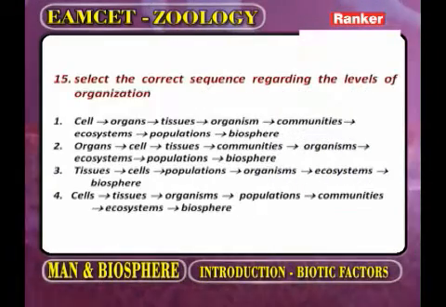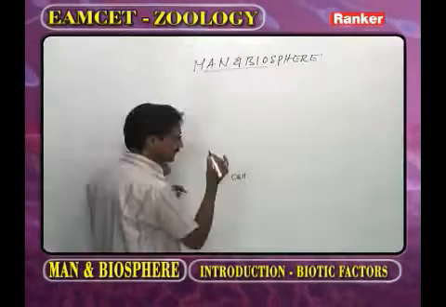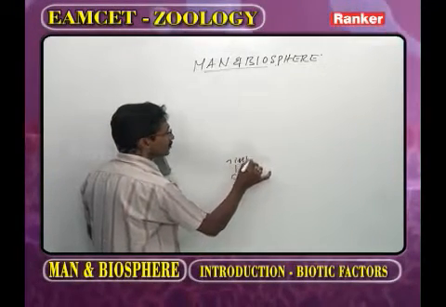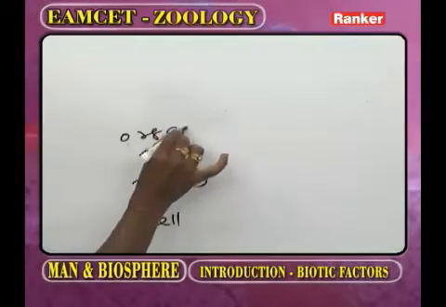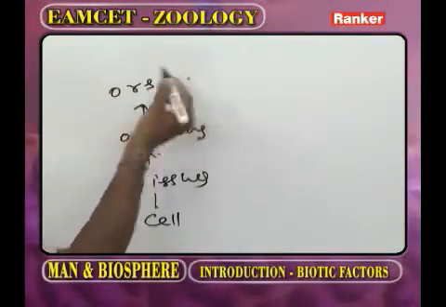As we observe the next question, select the correct sequence regarding the levels of organization. In the hierarchy, the first one we call the cell. The cells are united to form tissues. The tissues are united to form organs. The organs are united to form organ systems.